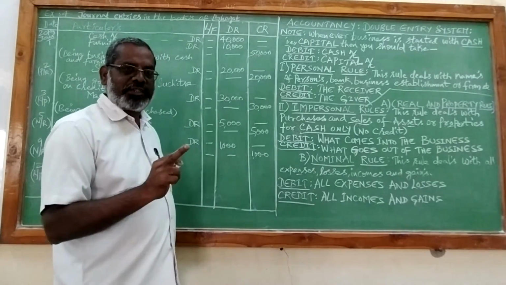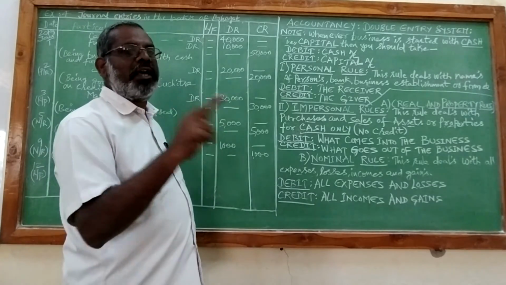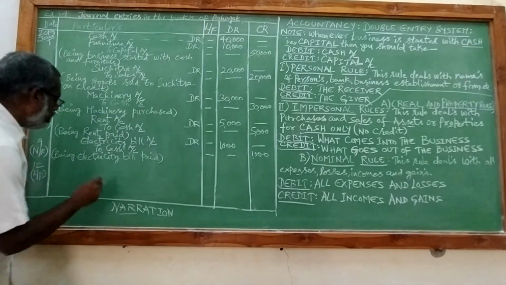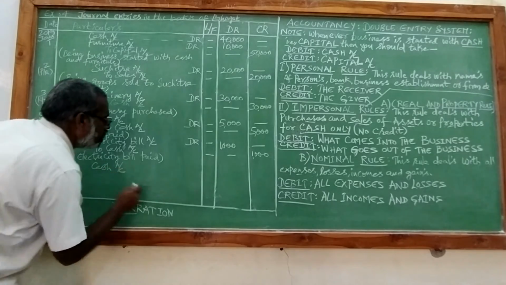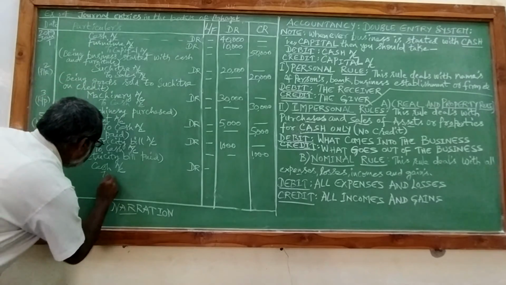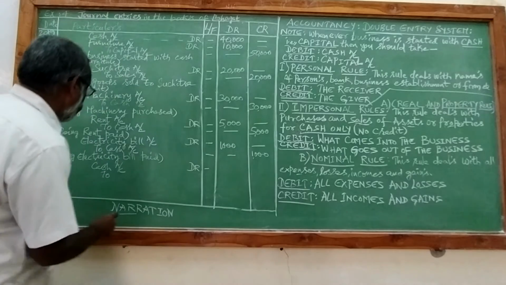So whenever you purchase goods, you should take purchases. Whenever you sell goods, you should take sales. So here cash is coming in, and goods are going out in the form of sales.